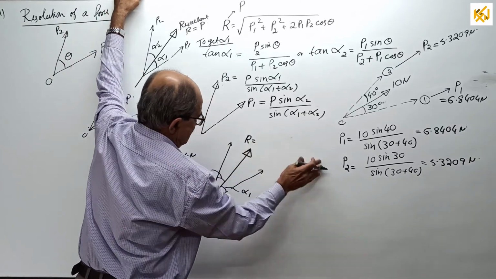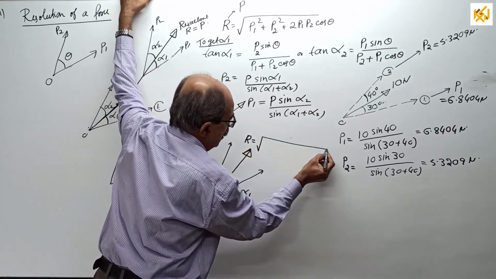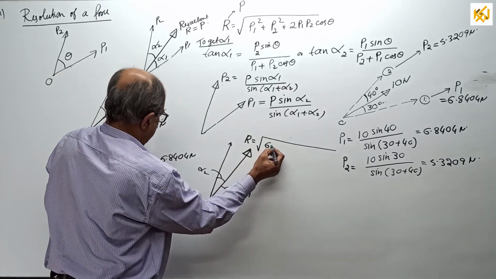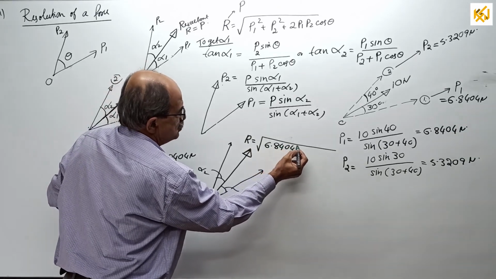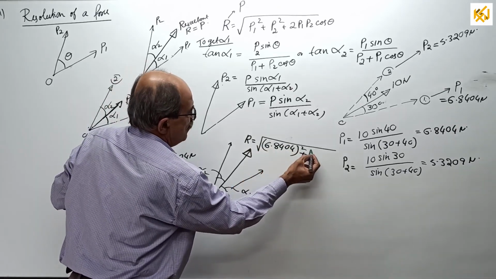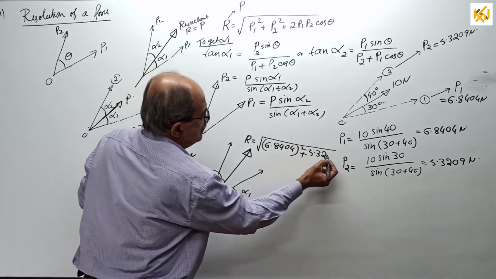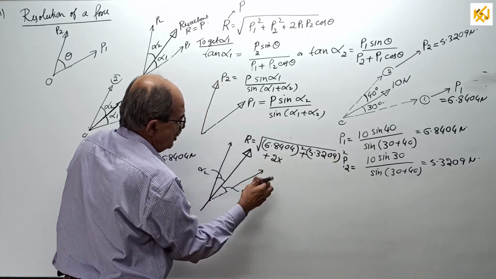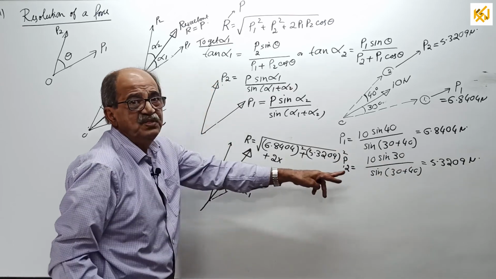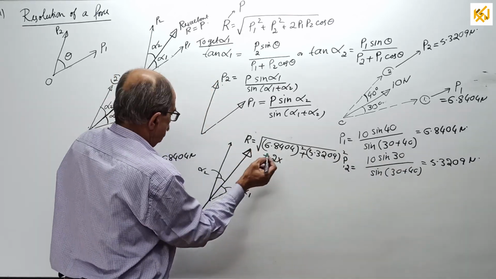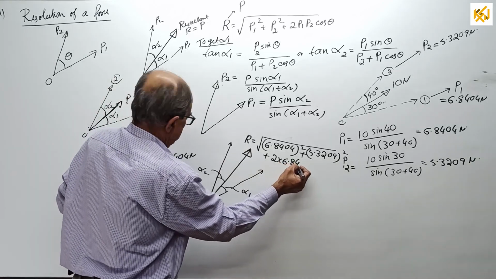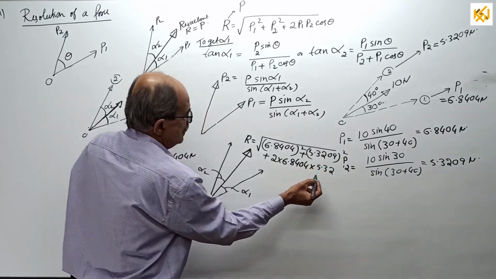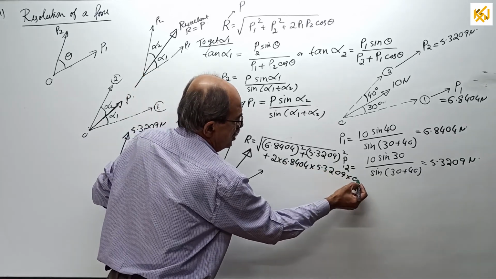See, start first. Resultant R equals the square root of how much? See, what is the force here? P1 squared, 6.8404 squared, plus 5.3209 squared, plus 2 into 6.8404 into 5.3209 into cos of 70.